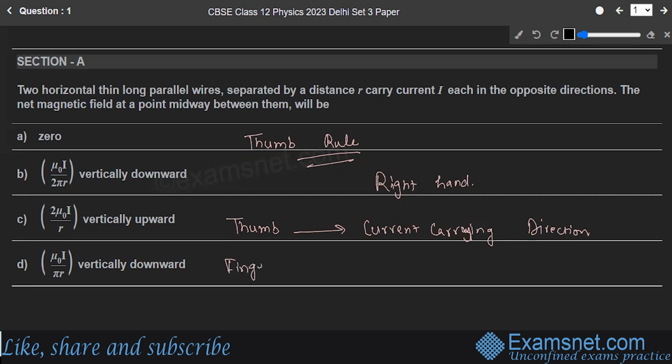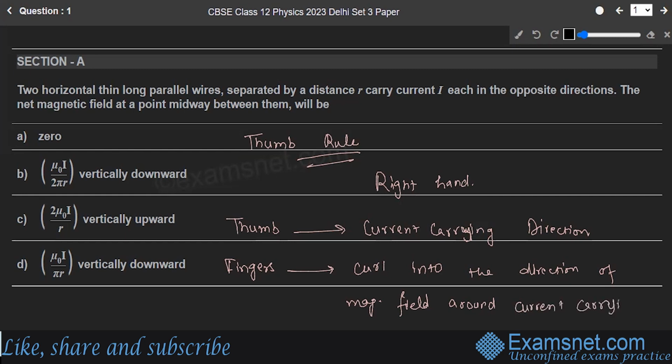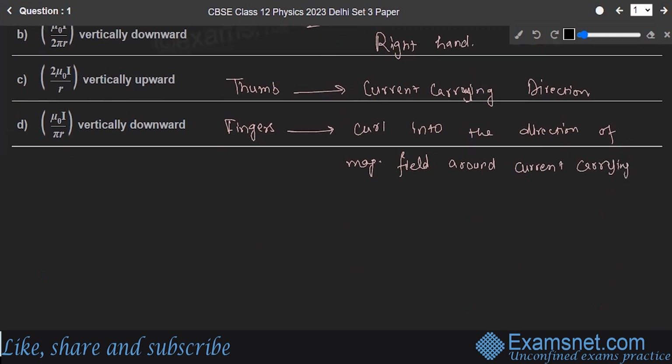Fingers curl into the direction of the magnetic field around the current carrying conductor.